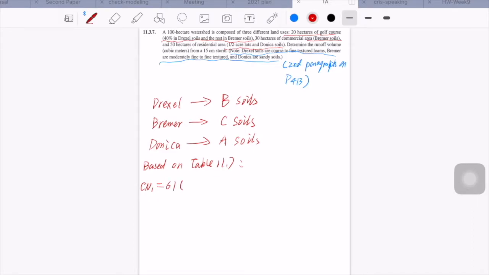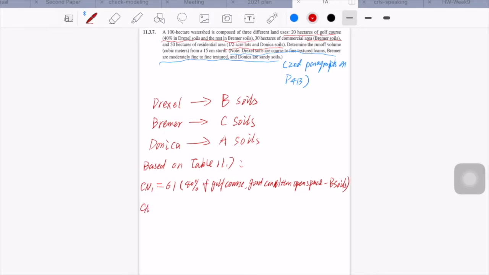This is for the 40% of golf course, and we assume it is good condition, open space, and the group B soils.